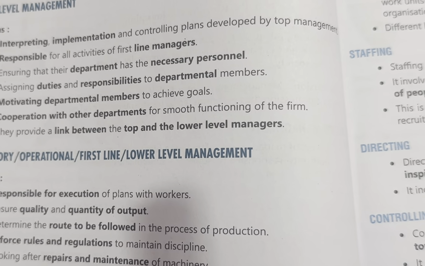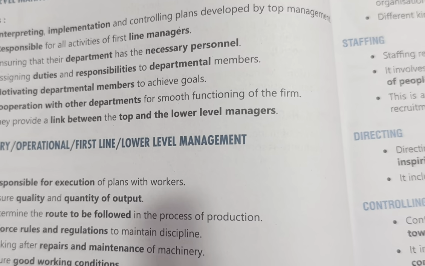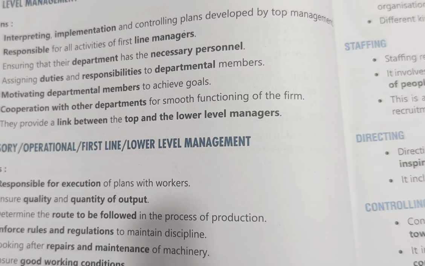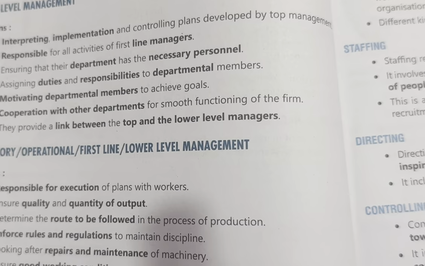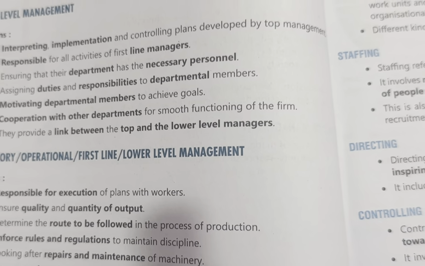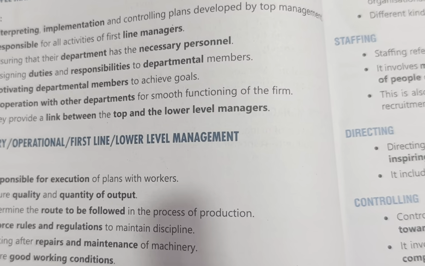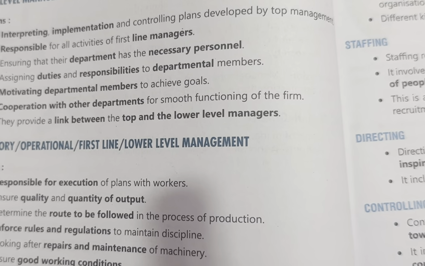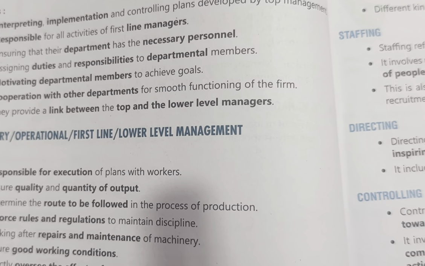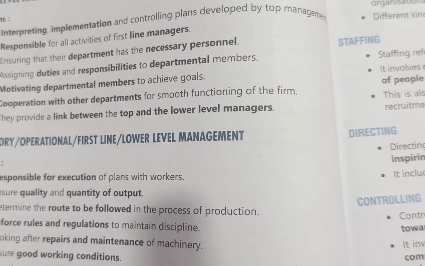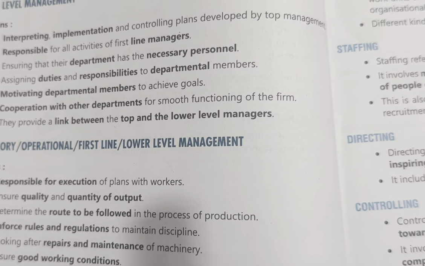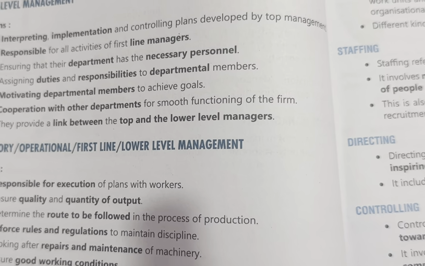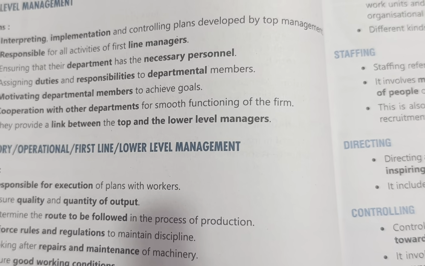Assigning duties and responsibility to departmental members: it's the duty of the department manager to assign duties and responsibility to the members of that particular department. Motivating department members to achieve organizational goals.